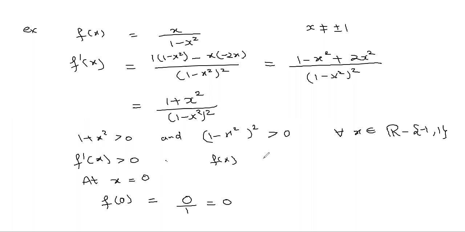And a strictly increasing function doesn't have any well-defined maxima, but it is likely to have a minima, and the minimum value here is 0. So x equals 0 is a point of minima.